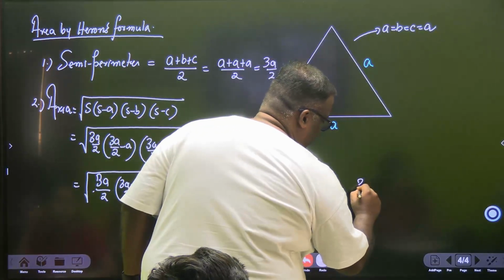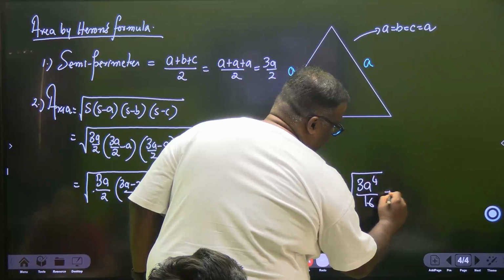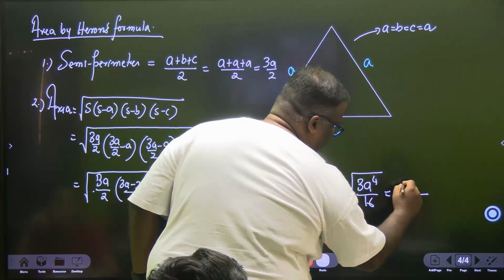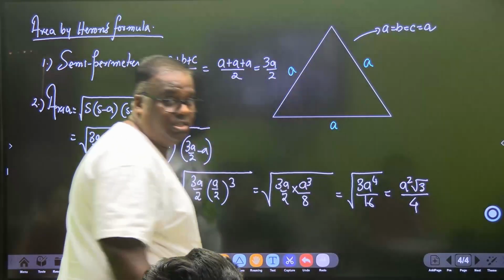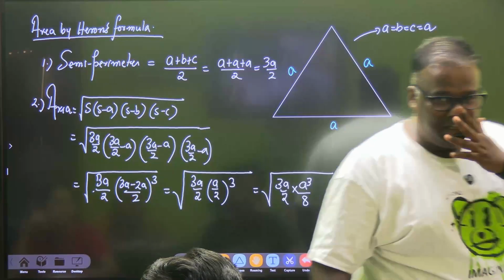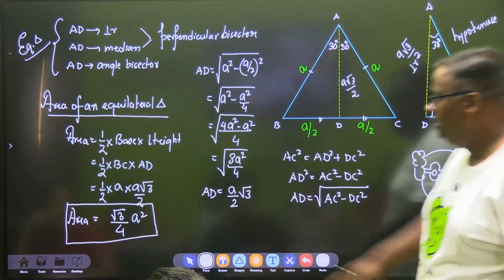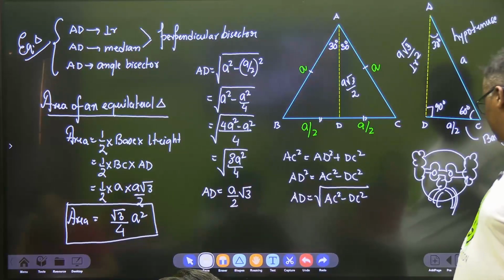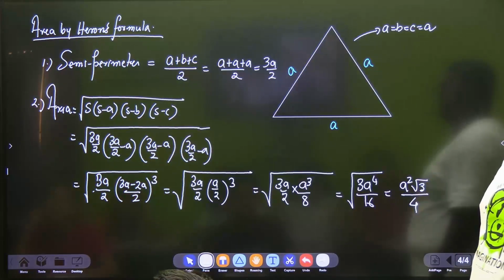This is 3A to the power 4 divided by 16, all under root. The root of 16 is how much, beta? 4. A to the power 4's root is A square, and root 3. Is it not the area of the equilateral triangle that we had calculated? Just check the equilateral triangle area. Root 3 by 4 A square. I told you na, that Heron uncle has given us one master formula. So when we apply it, we get root 3 by 4 A square.